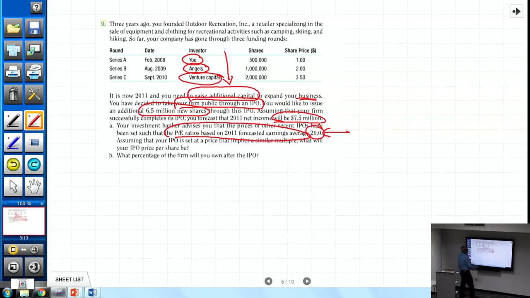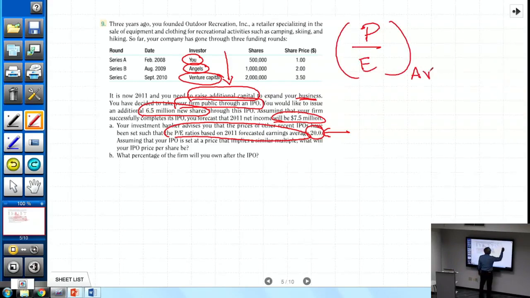So we know that the historic average PE has been set at 20. You also know that you are forecasting earnings of 7.5 million.